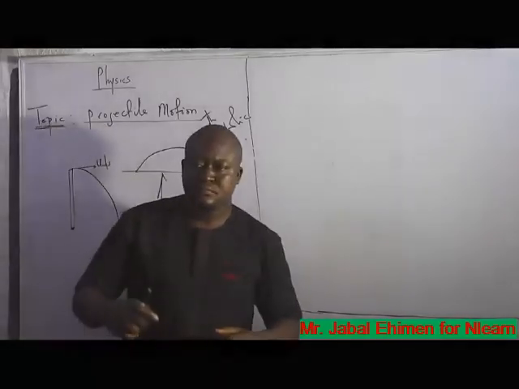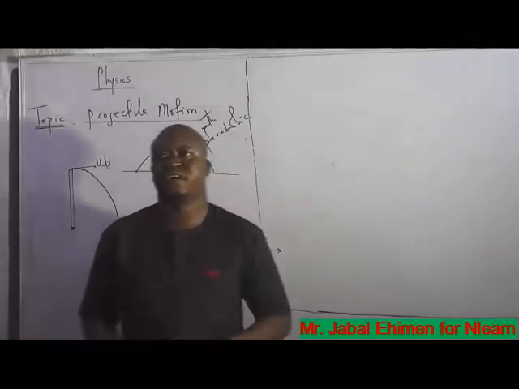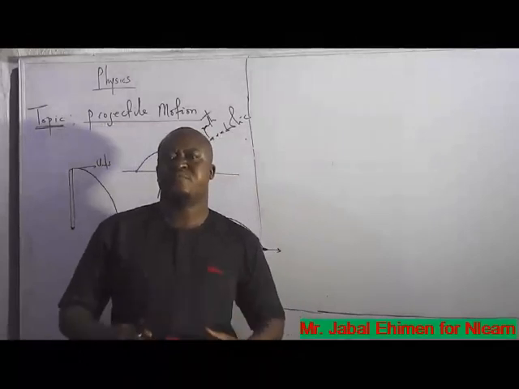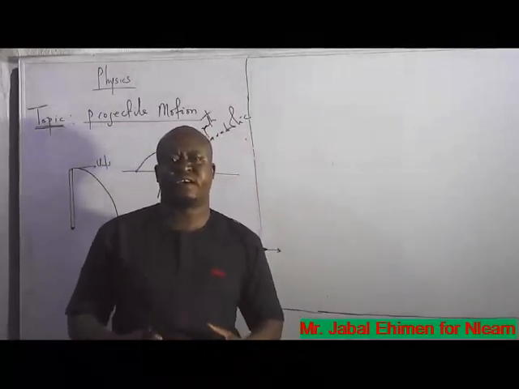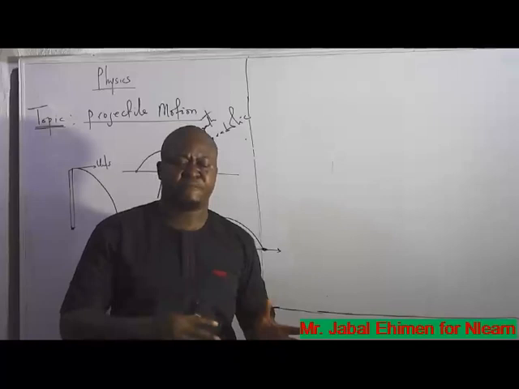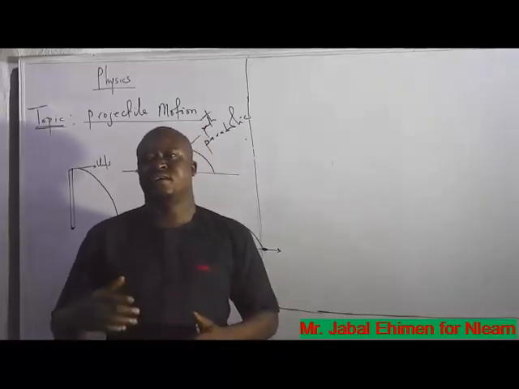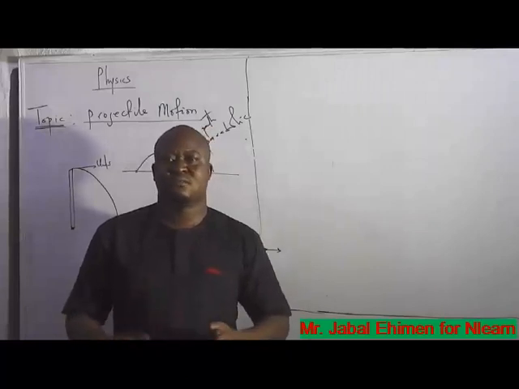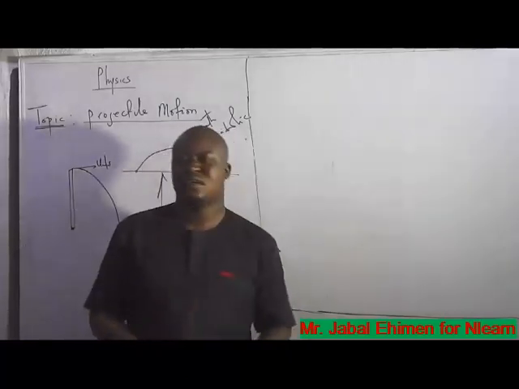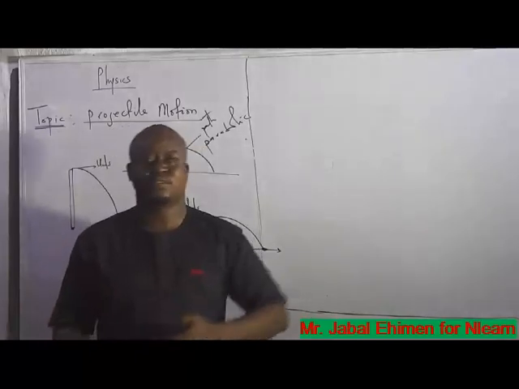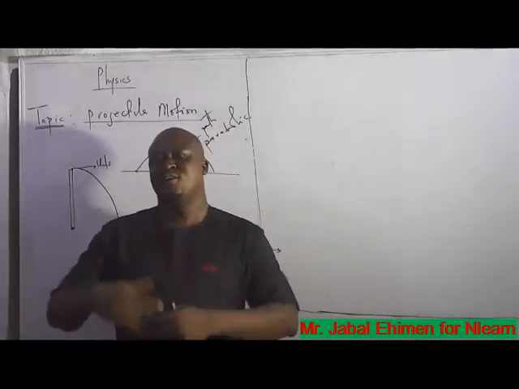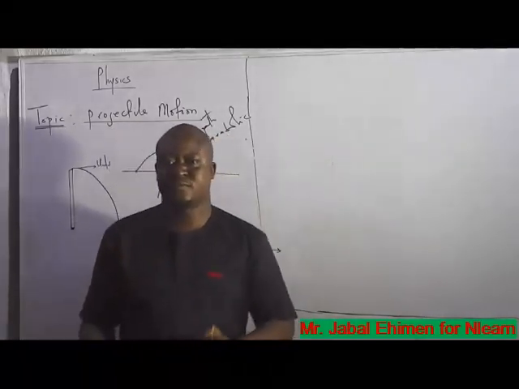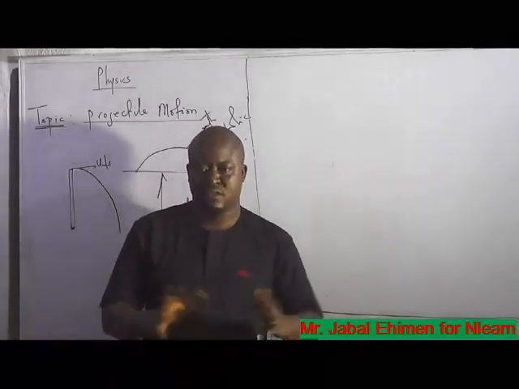Now, those are some of the examples of projectile. Other examples of uses of projectile: basically for sports. By the time you throw a javelin or hit a ball, you calculate the projectile. When the ball finally hits the ground, that's one of the uses in sports.